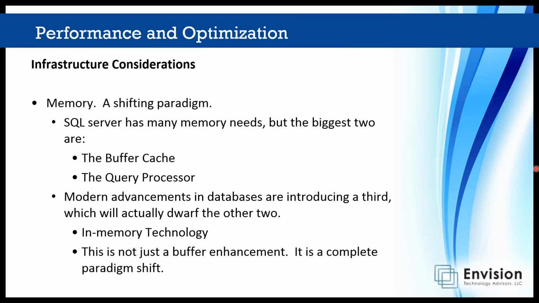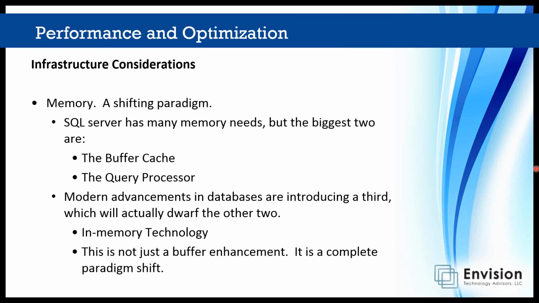But if you boil it down, really the two that are always at the top of the list, unless there's something wrong, of course, are the buffer cache and the query processor. The second one, folks might be a little bit surprised to see, but that actually can be pretty big in certain cases. The buffer cache is what you normally figure. You give a SQL Server 12 gig of memory or 16 gig of memory or 60 gig of memory, whatever you give it, and you limit it so it doesn't overwhelm the system.